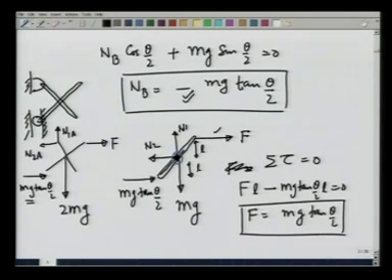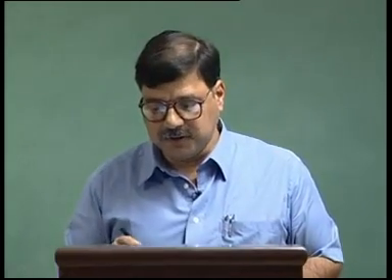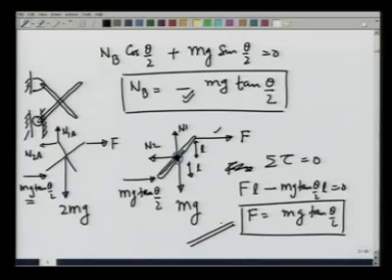So, we found the force F. If you are interested, you can also calculate N1, N2 and other normal forces, but our main focus was to calculate F, and that is what we have found.